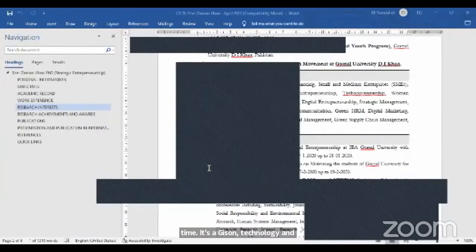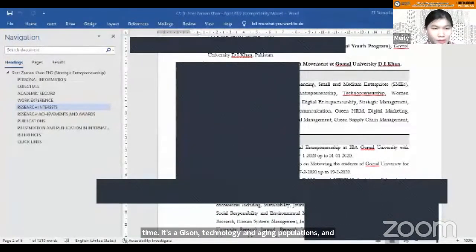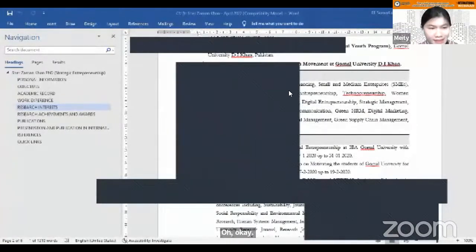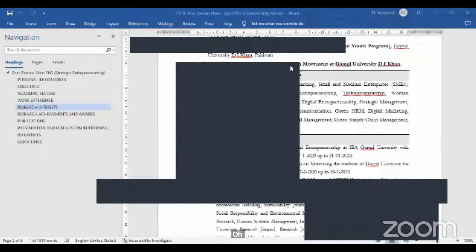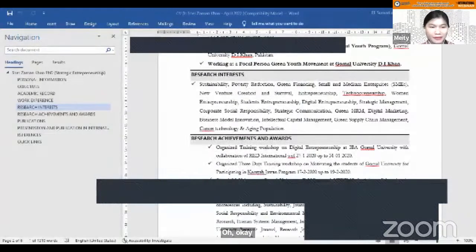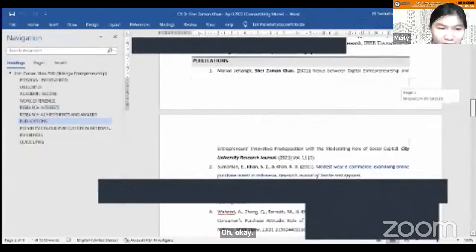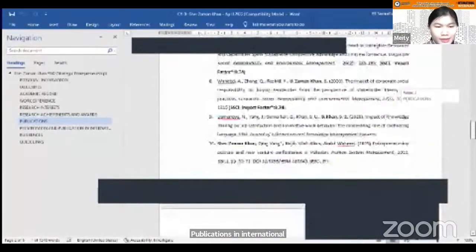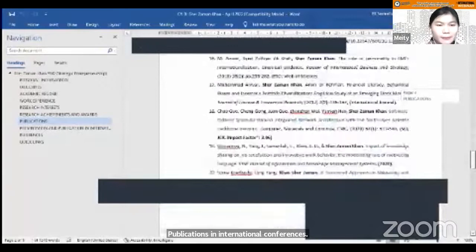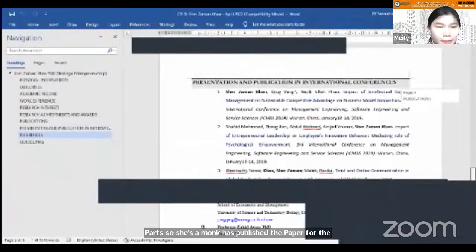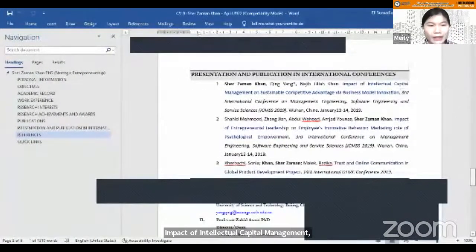For his research achievements and awards, he has received 4 in his life. For publications, he has made 20 publications during his career. And for presentations and publications in international conferences, there are 3 parts. Sher Zaman Khan and Najib Ullah Khan published a paper on the impact of intellectual capital management on sustainable competitive advantage via business model innovations.